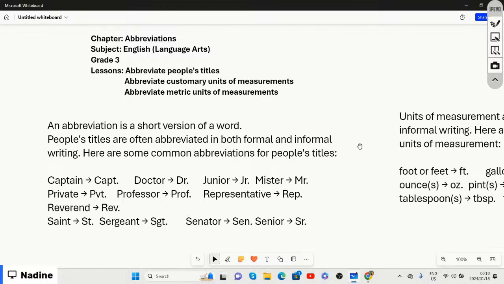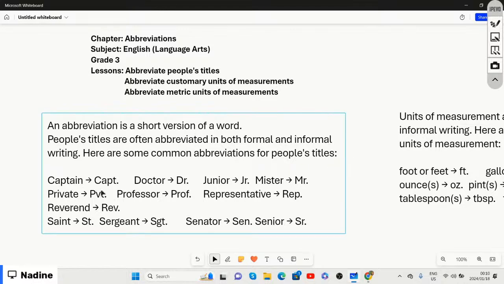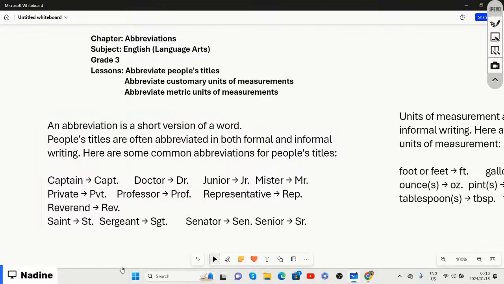And people's titles are often abbreviated in both formal as well as informal writing.